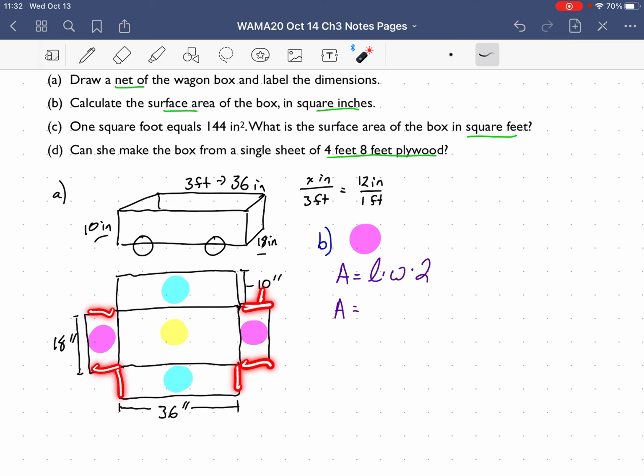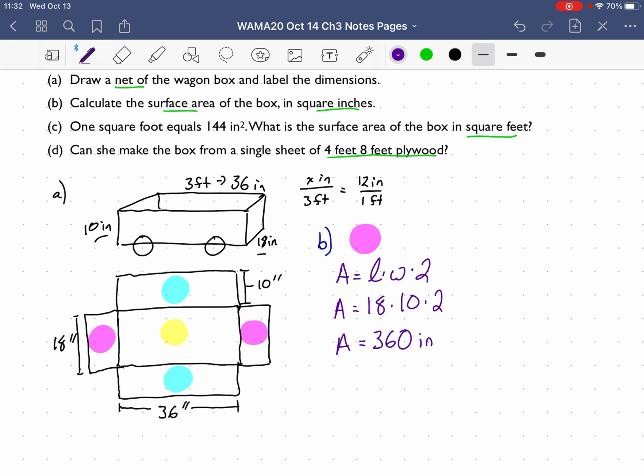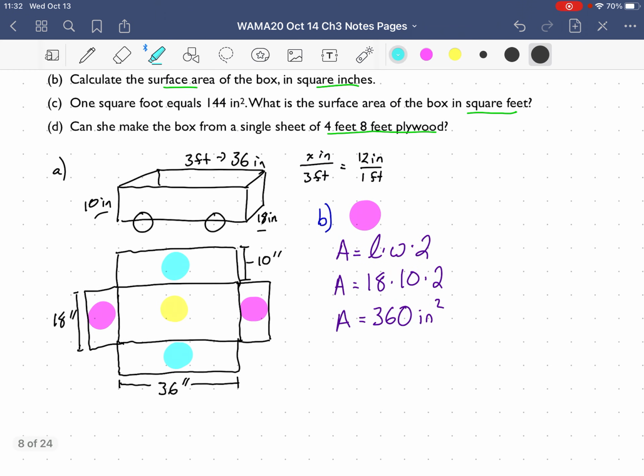This 10 inch is here and here. All of these sides are 10 inches. So it's going to be 18 inches times 10 inches times 2. 18 times 10 is 180. 180 times 2 is 360 square inches for those rectangles.